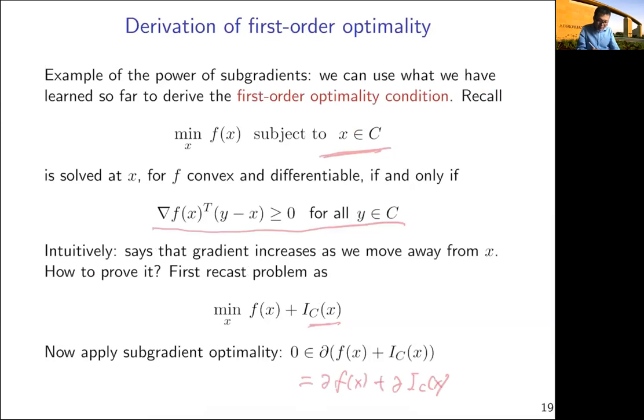But f is differentiable, so we can just write the gradient of f of x plus partial I_C of x. If we move this to the other side, this basically tells us that minus the gradient of f of x is inside the partial I_C of x. But what did we say previously about the subgradient of the indicator function?